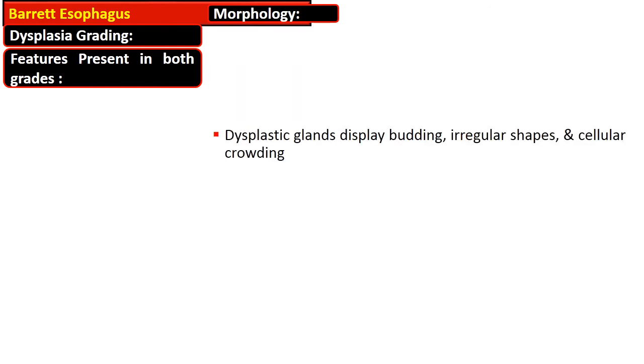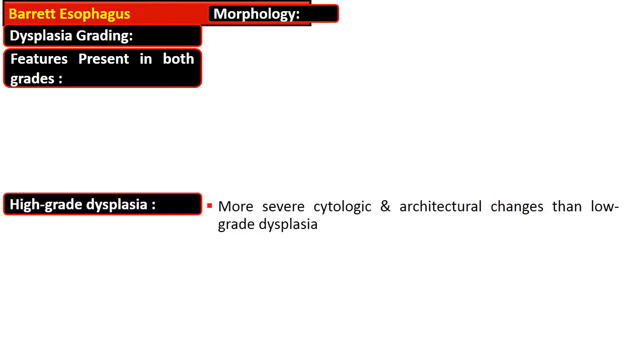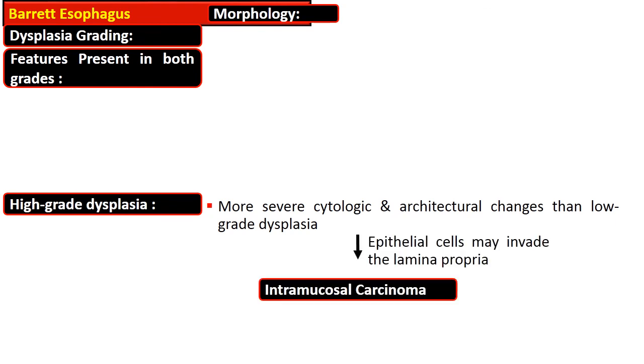The dysplastic glands display budding, irregular shape, and cellular crowding, while the high-grade dysplasia exhibits more severe cytologic and architectural changes than the low-grade one.